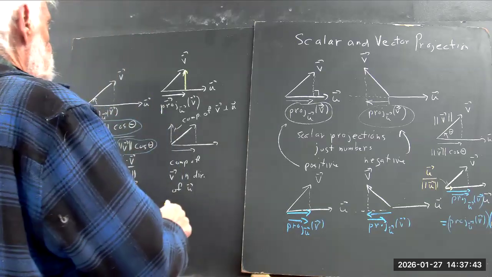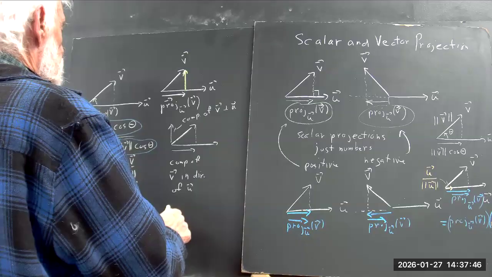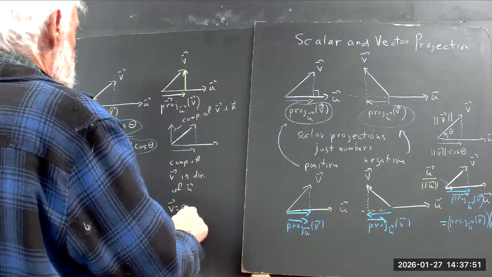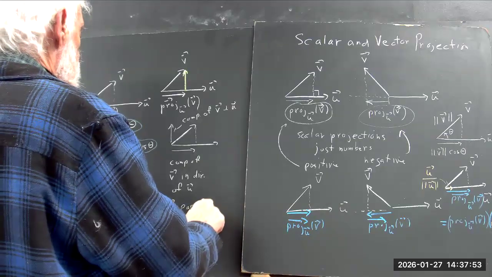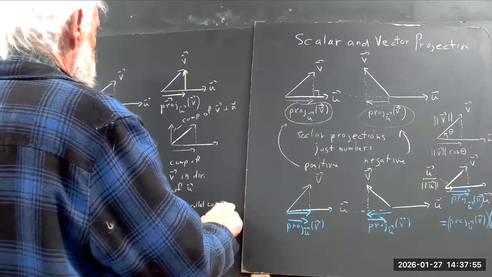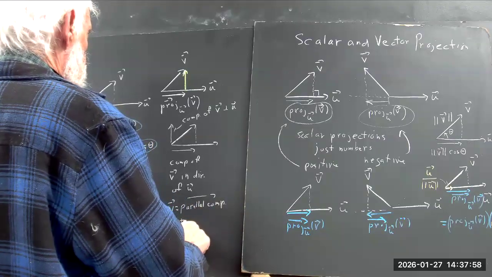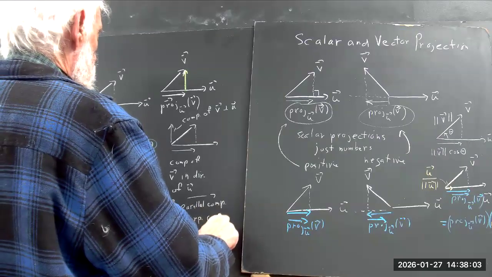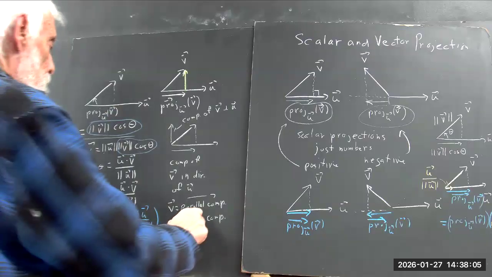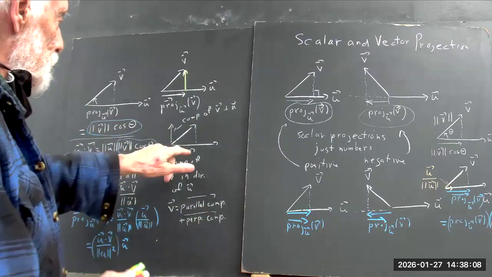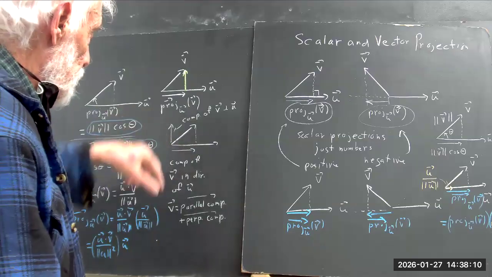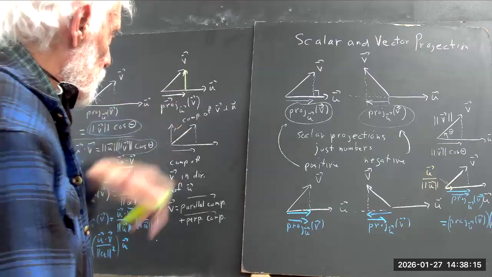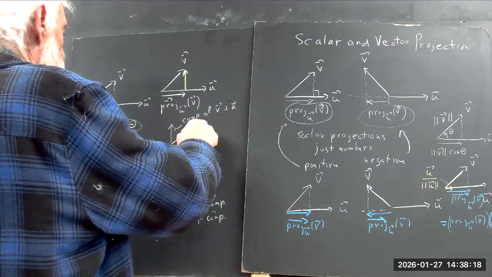So first of all, V is equal to the parallel component plus the perpendicular component. In other words, if I add this vector to this, put them head to tail, they're going to give you this vector because, of course, the component of V perpendicular to U is the same here as it is here.